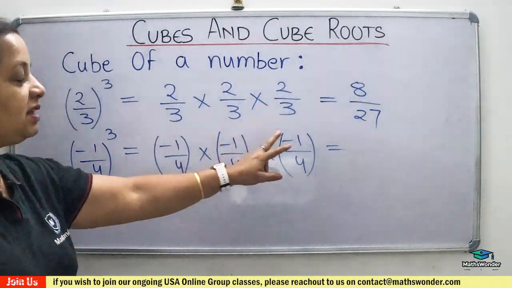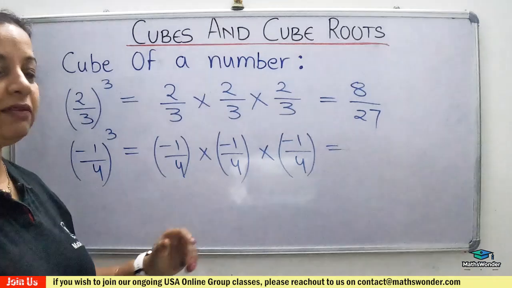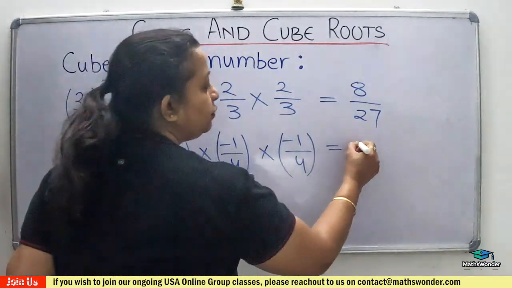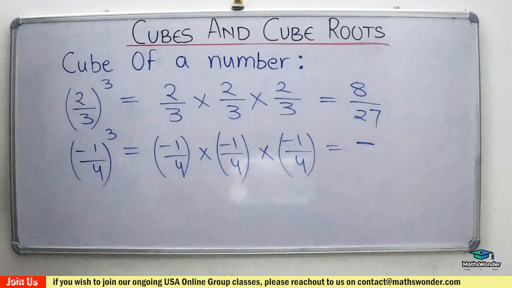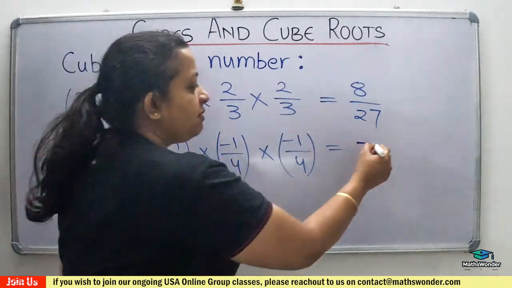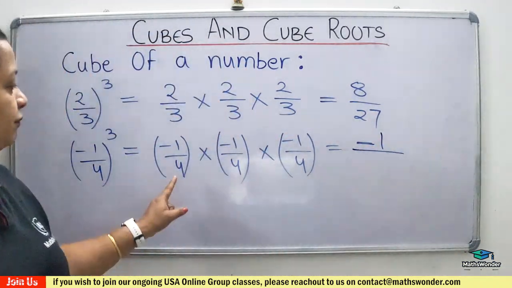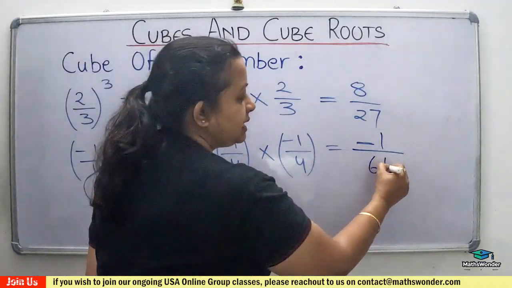When we have a negative number with an odd power, we have to give the same negative sign here, right? Now the next process is just like multiplication. So 1 times 1 times 1 will be 1, and 4 times 4 times 4 will be 64. So your answer is here.